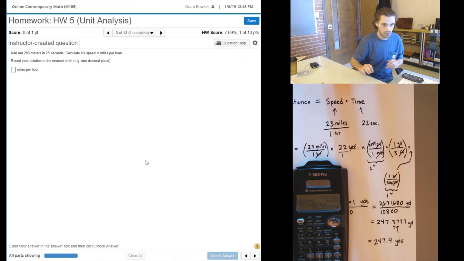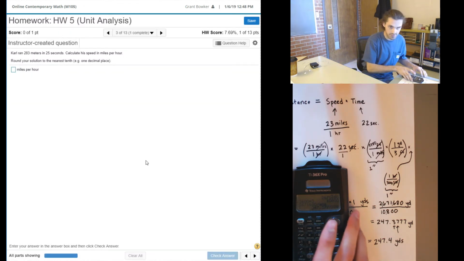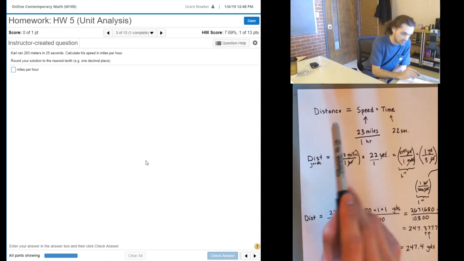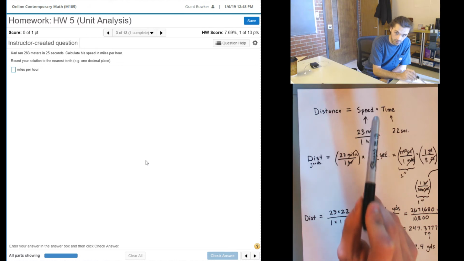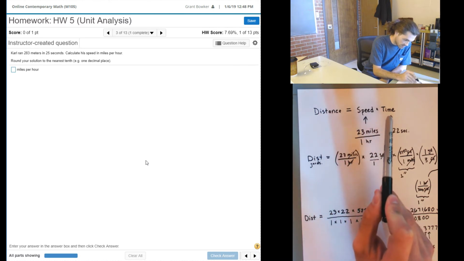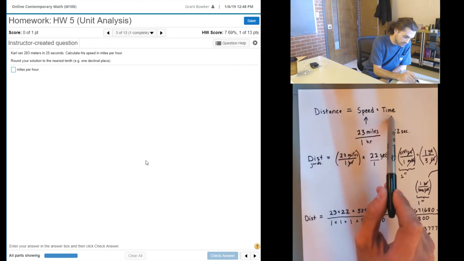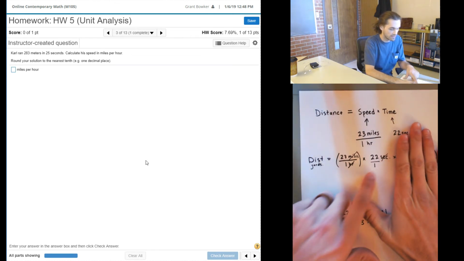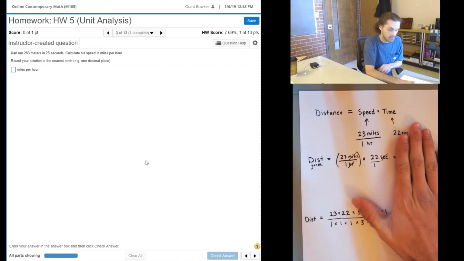So, the general strategy that we have going on here, we start with our general equation that governs the situation. From that general equation, insert what you are given. We were given a speed and we were given a time that brought us to this point.